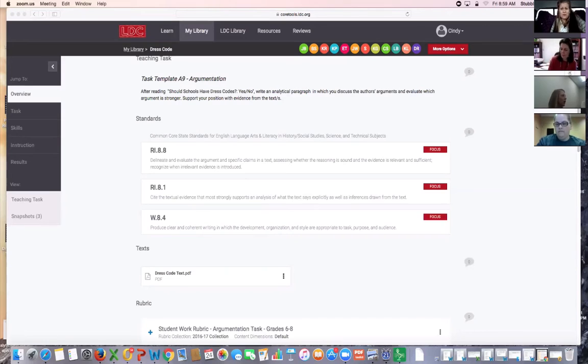The first part is identifying the claim. So instead of just discussing the author's argument, it could be in which you discuss the author's claim and evaluate which author does a better job developing his or her claim using characteristics of strong argument or something. It just gives you a little more meat to work with when you pair the standards, potentially, than just the R1.